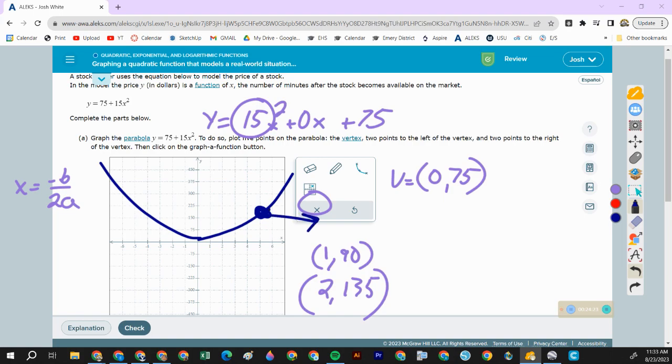So we need to plug in 5. When x equals 5, we stick that in there. And I get 15 times 5 squared plus 75, and I get 450.